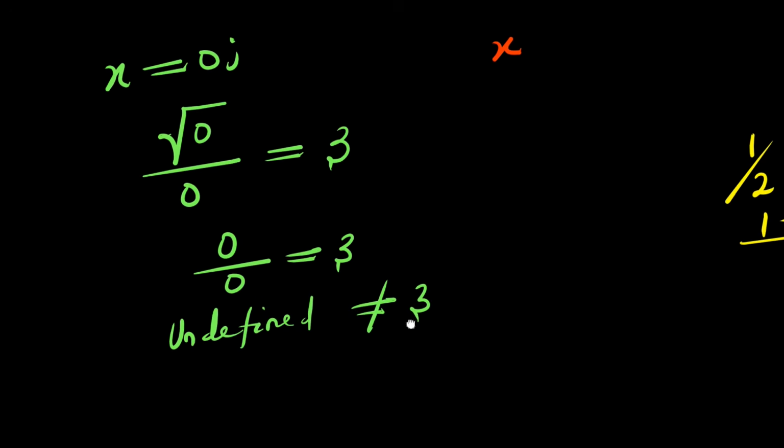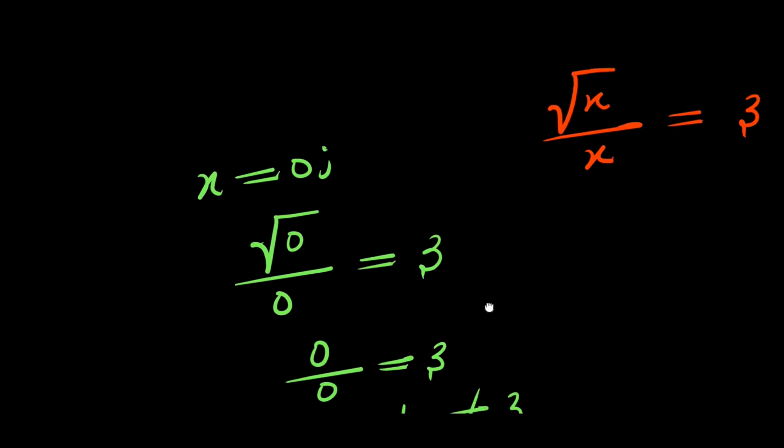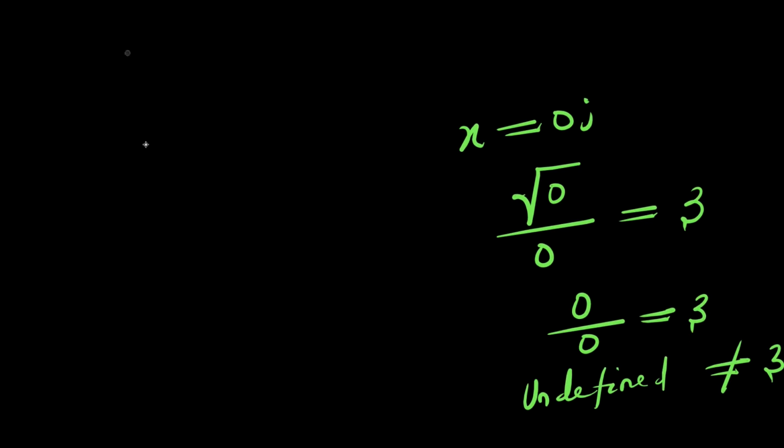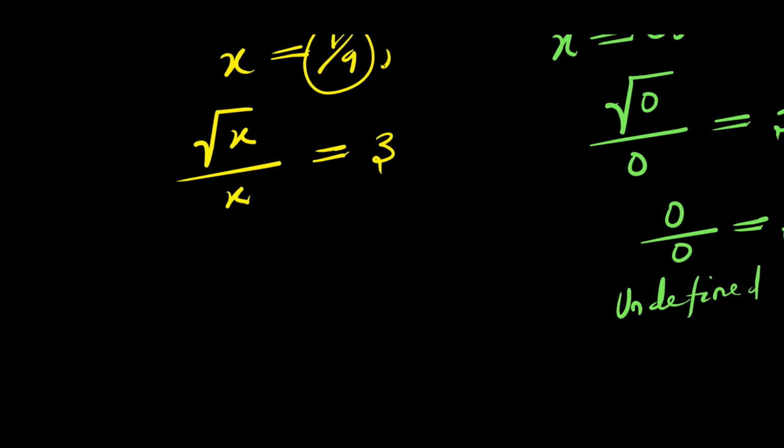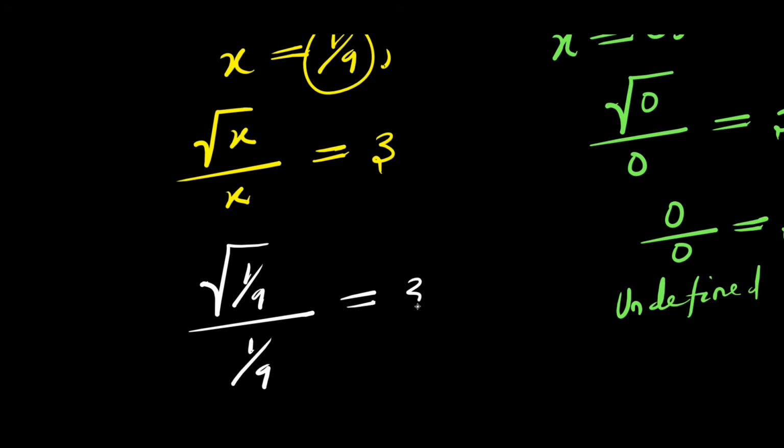So the next case we are going to consider will be when x equals 1 over 9. Have square root of x divided by x equals 3. Our x is 1 over 9. Have square root of 1 over 9 divided by 1 over 9 equals 3.